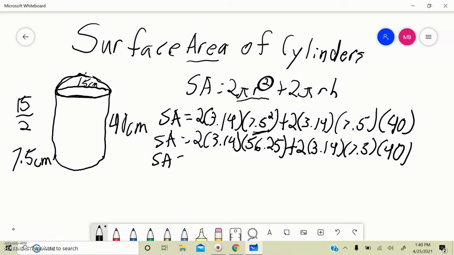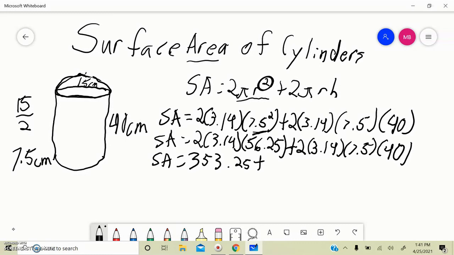Cool. So now I'm going to do my two separate parts. I'm going to do the multiplication for both of those. So for that first part, I have 2 times 3.14 times 56.25, which is going to be equal to 353.25. Now I'm going to do the second part.